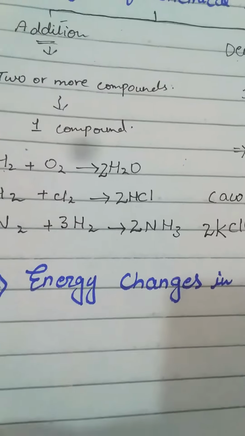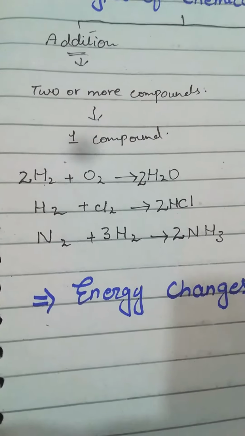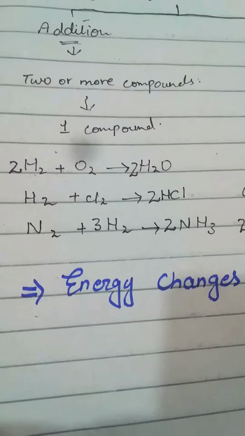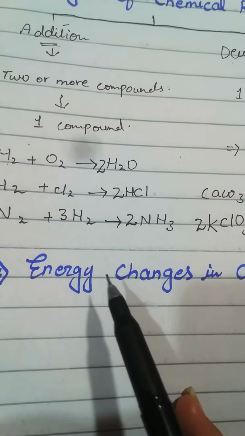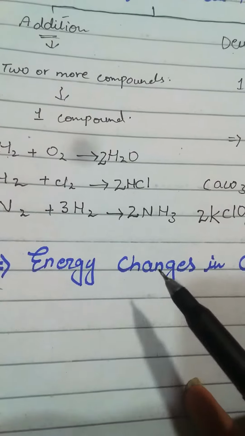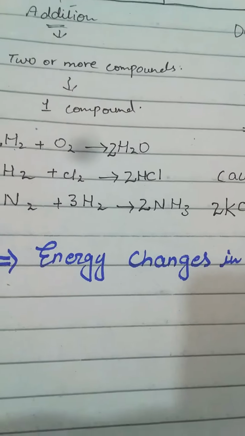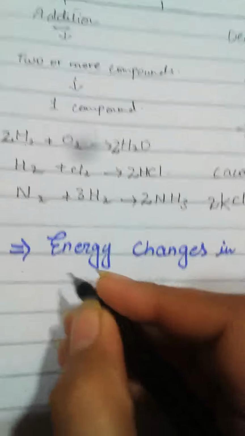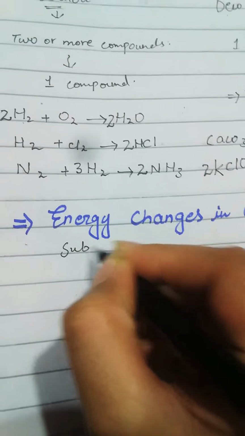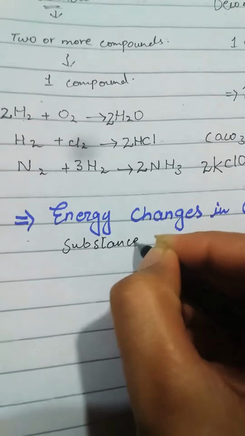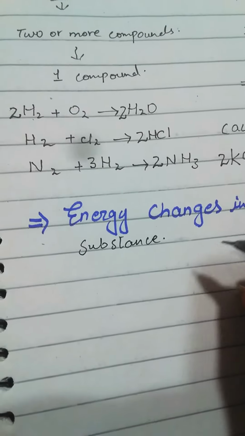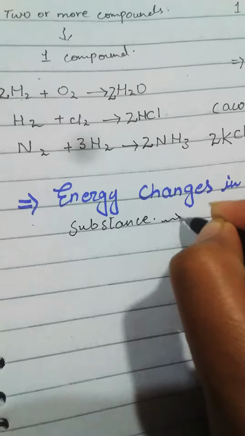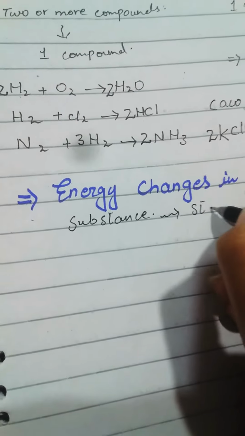Actually, energy changes are those changes that a substance needs and requires to complete the reaction for various functions. The energy of a substance is a particular amount of energy due to which our compound or substance remains stable.